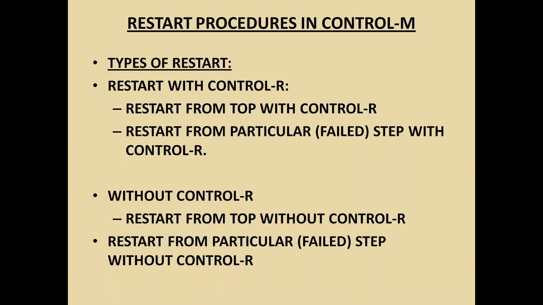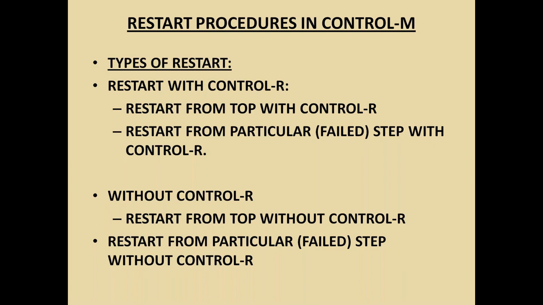Restart from top with Control R, or restart from a particular failed step in Control R. In Control M restart, there are two situations where the application team, after doing some changes, will say, please submit the job again.